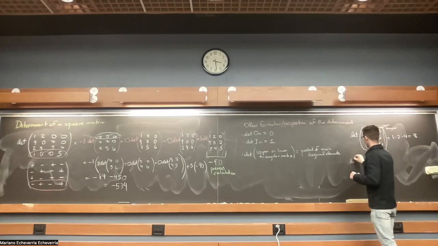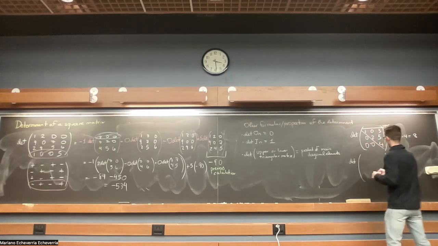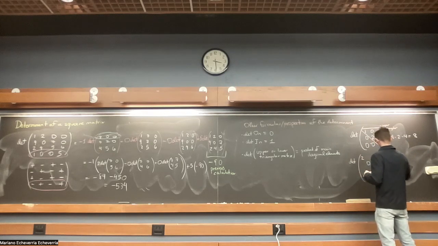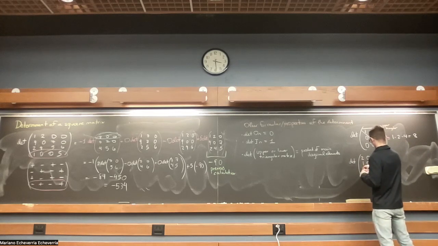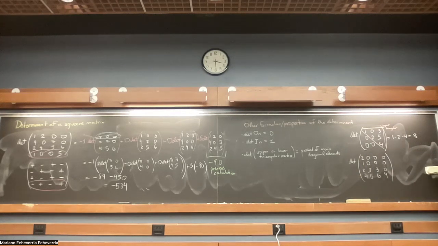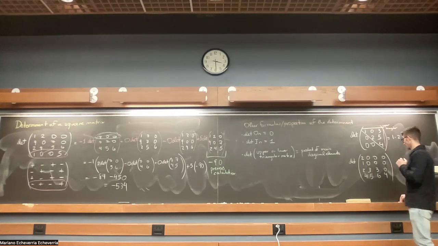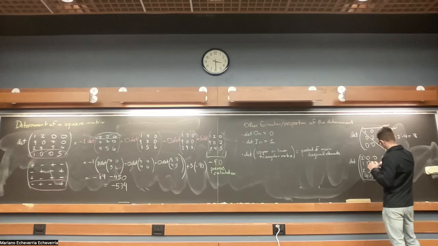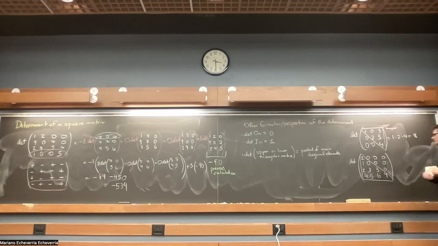So if I give you a matrix like this, everything outside this triangle is a bunch of zeros, right?